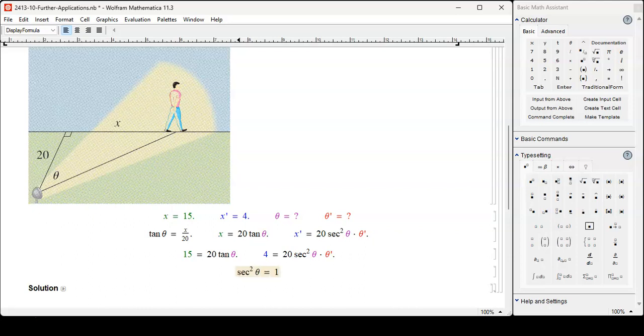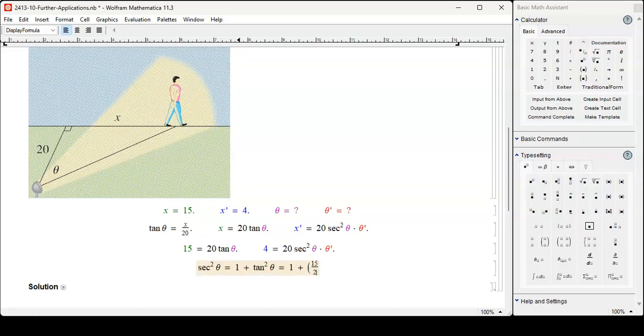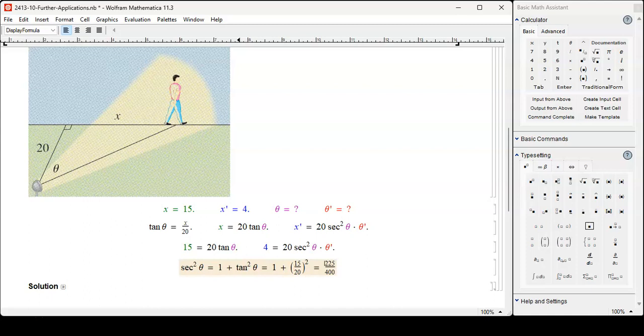Secant squared is 1 plus tangent squared. Remember this? Pythagorean identity. So this is 1 plus tangent, which is 15 over 20, that thing squared. So what is this? 225 over 400. So this thing is 625 over 400.